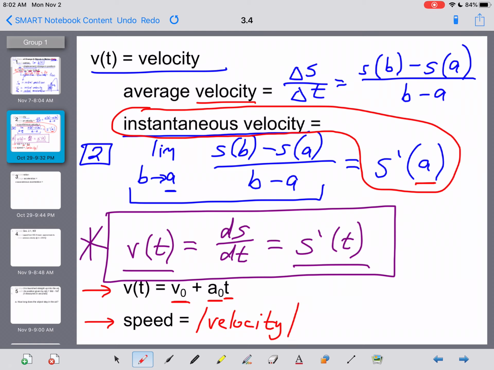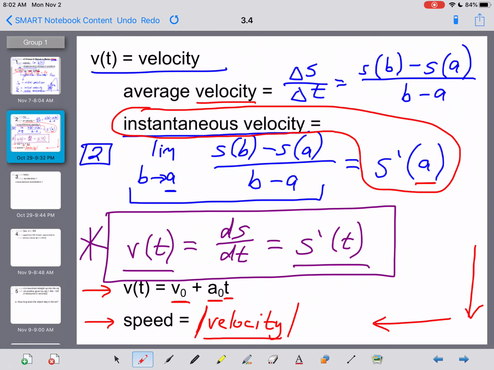Now, I want you to think about the implications of what that means, everybody. Velocity can be negative. We reserve a negative velocity for when an object is moving to the left, if it's a horizontal movement problem, or when an object is moving down. In either case, its position is decreasing. It's getting lower, and that's what we mean by a negative velocity.